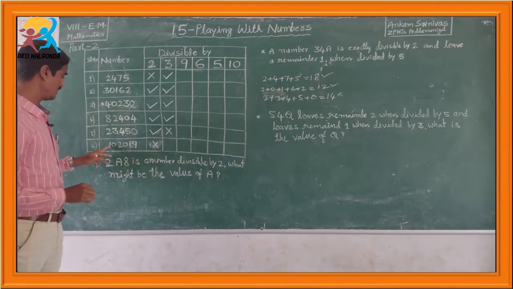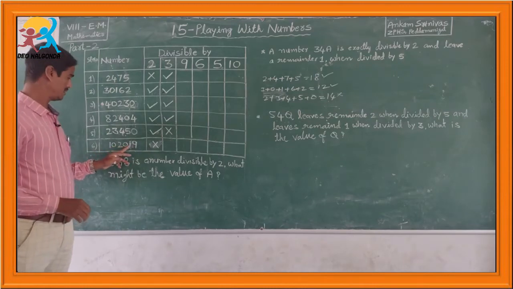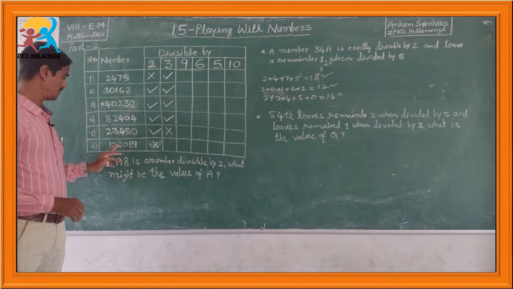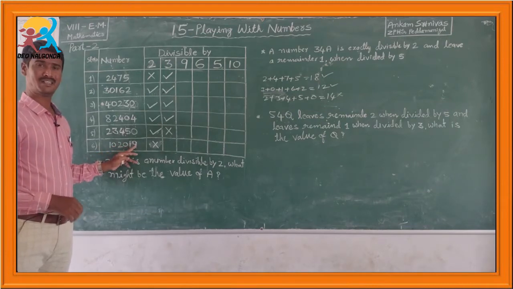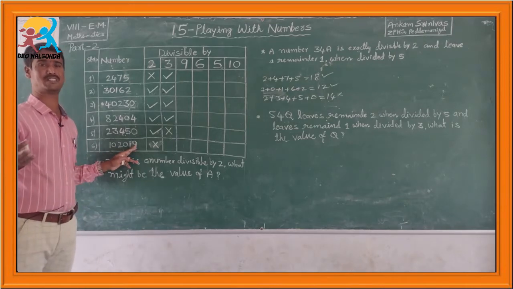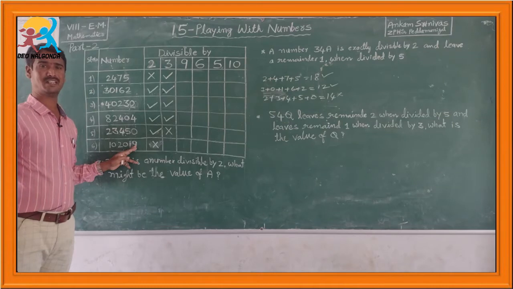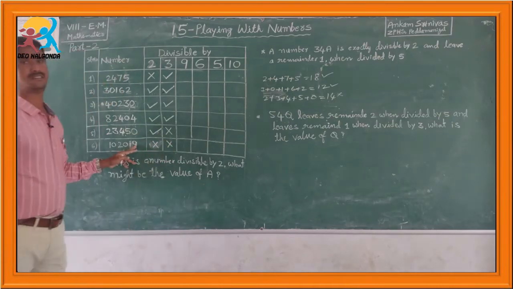And here 1 plus 0 is 1, 1 plus 2 is 3, 3 plus 1 is 4, 4 plus 9 is 13. 13 never comes in the 3 table because 3 fours are 12, 3 fives are 15. So this is also not divisible by 3.